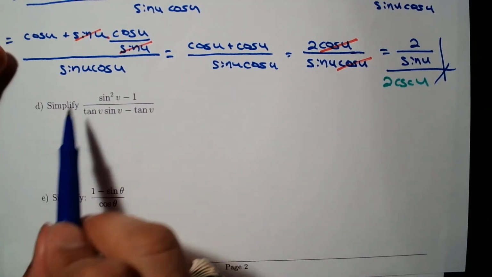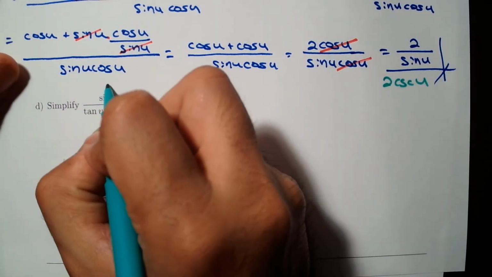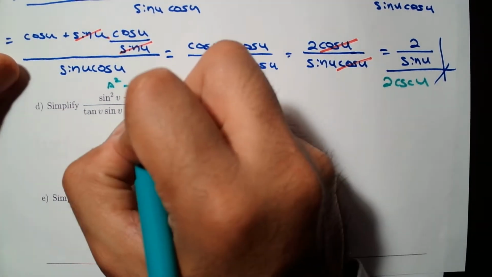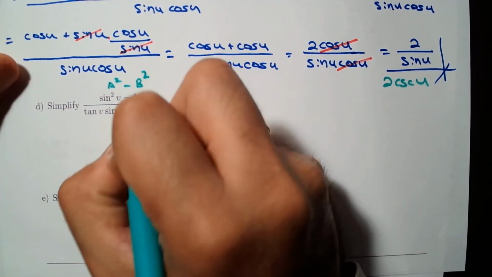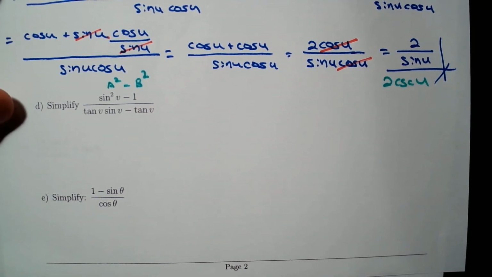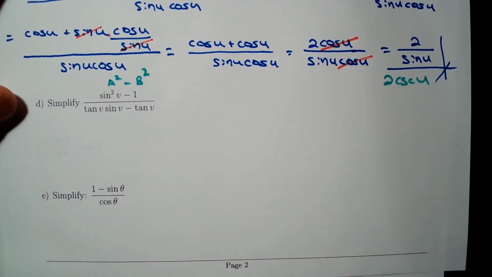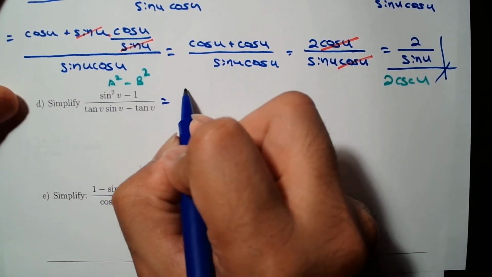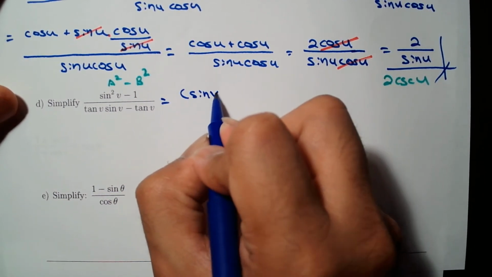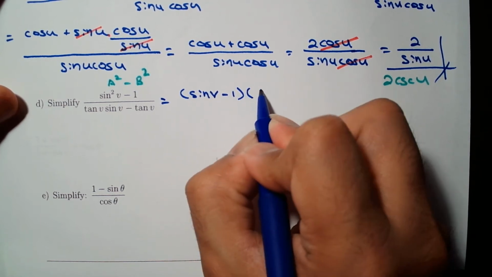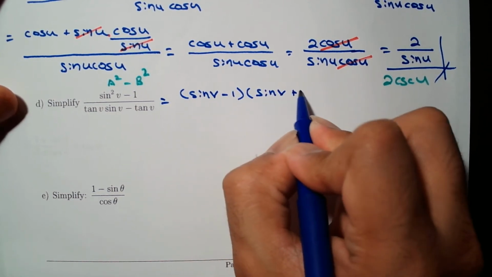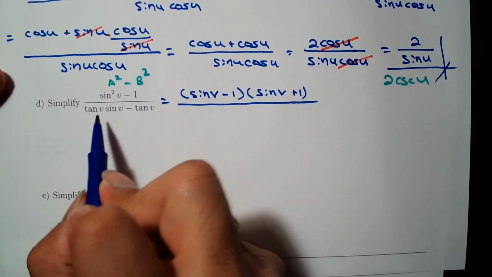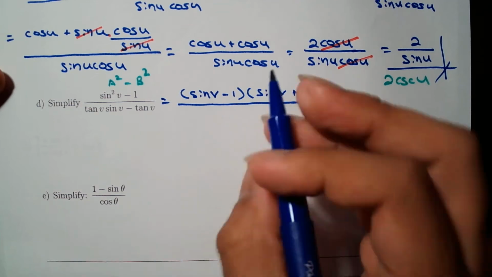And in this case, notice we have a difference of squares, something like a squared minus, well, the number 1 is a perfect square, right? 1 squared is 1, so we can treat it as a difference of squares. And that's going to lead us to have the following. A minus b, a plus b, that is sine v minus 1 times sine v plus 1. And then in the denominator, we have a common factor of tangent v.